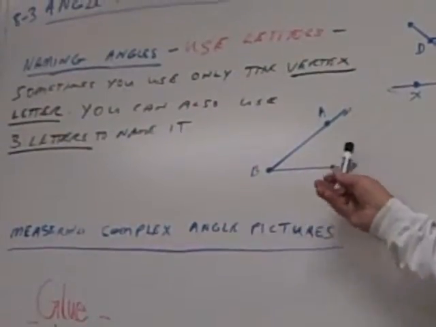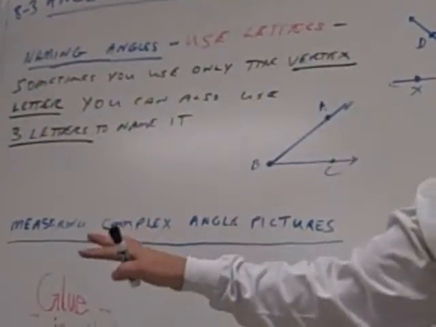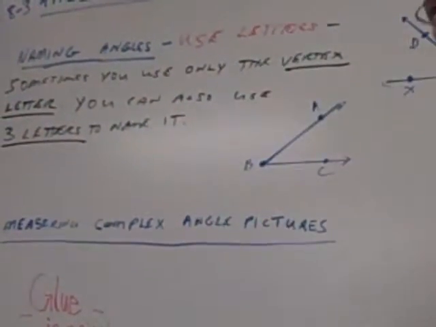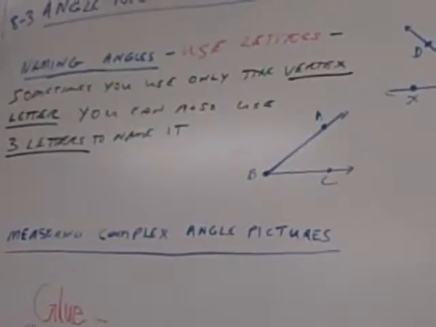This first angle, sitting off by itself. No, not that yet. This one right here, sitting by itself. What is its vertex?